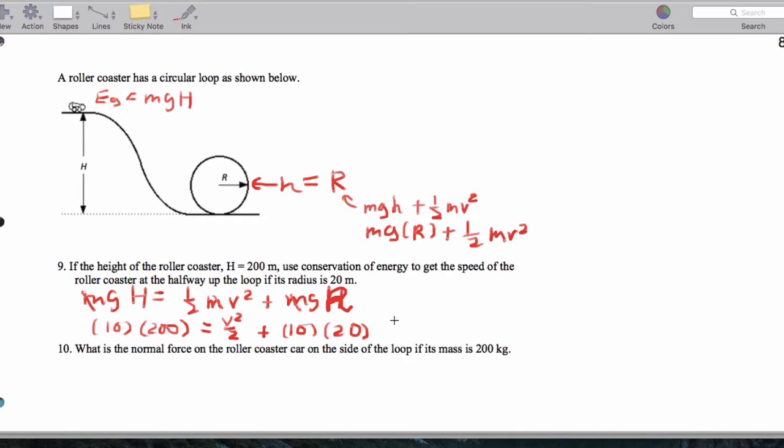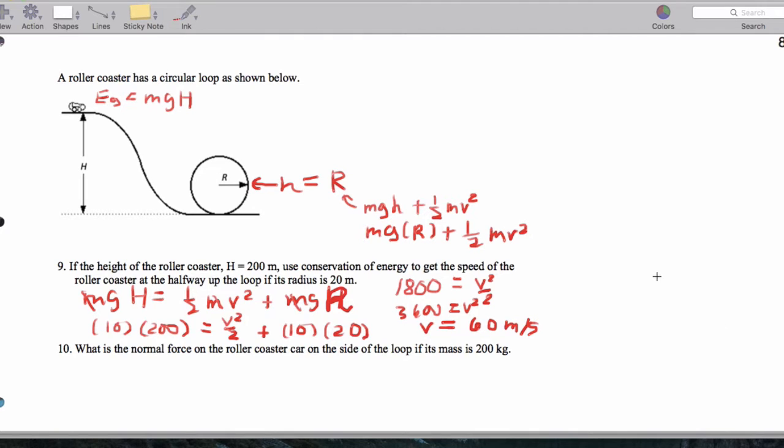So we got a little bit of rearrangement to do, so we're going to end up getting 1800 equals v squared over 2. And so we're going to get 3600 equals v squared. And when we isolate that, v is going to end up being 60 meters per second.